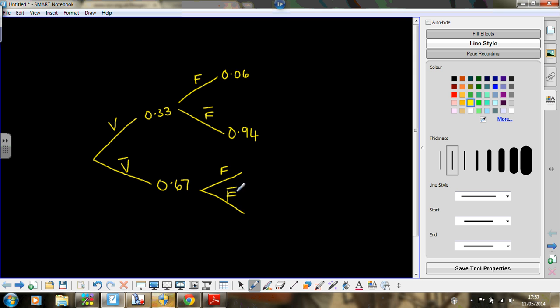So you've got a 41% chance of catching it, which is 0.41. That means you've got a 0.59 chance of not catching it.